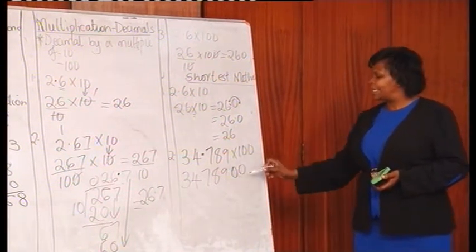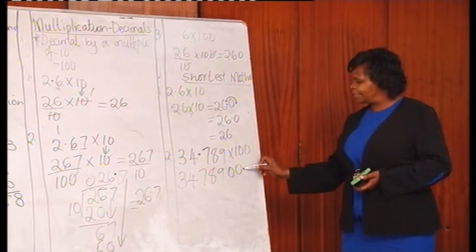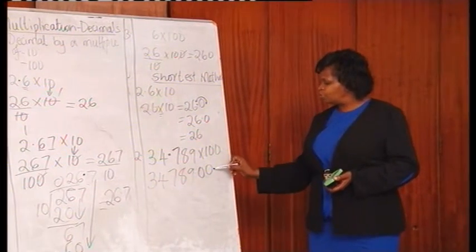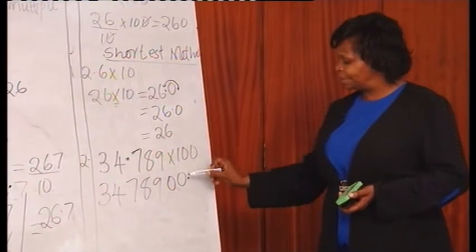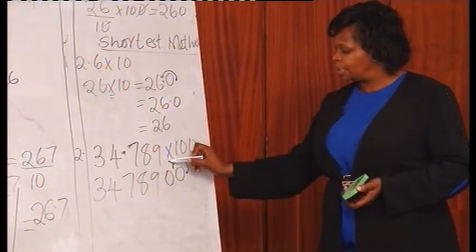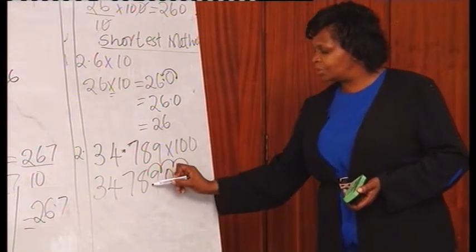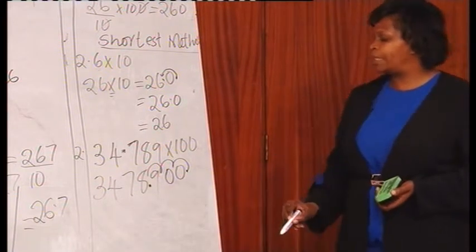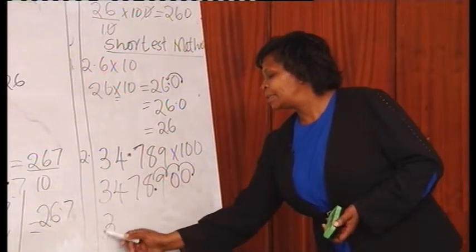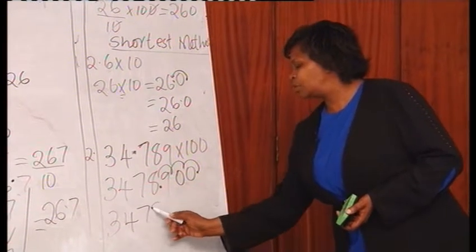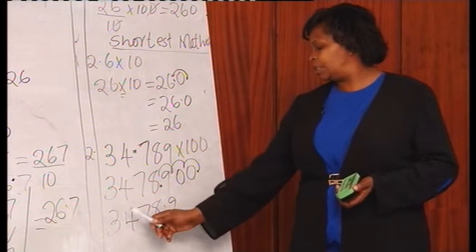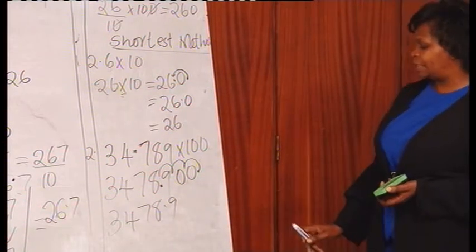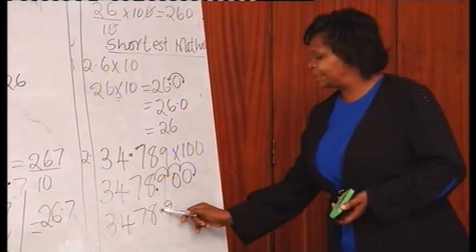And since we said that any number has a decimal at the end, then I'll need to move this decimal towards the left 3 places. That is 1, 2, and 3. So my end decimal will end up being at that particular position. So my answer will be 3,478.9.